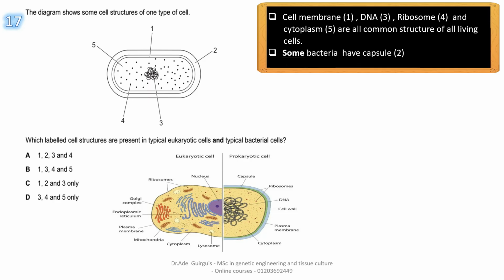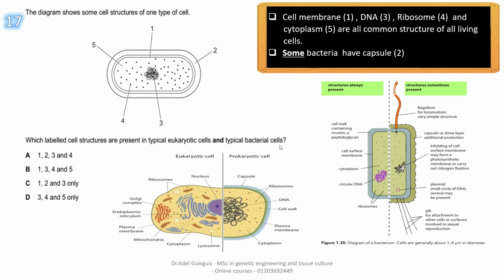Now some bacteria have a capsule, not all bacteria are surrounded by a capsule. Look at this figure. Here is a capsule or slime layer. This additional protection structure is sometimes present in some species or some types of bacteria. All these other structures are always present in prokaryotes, plus additional features sometimes present in some types of bacteria.